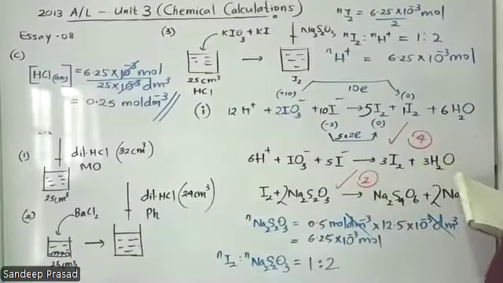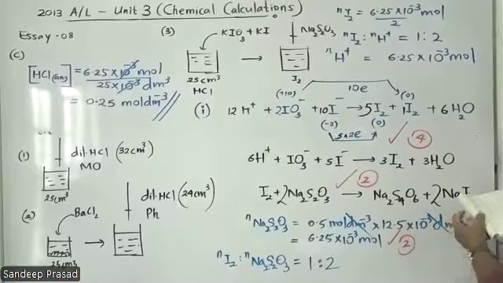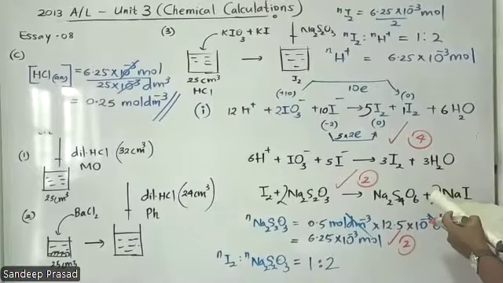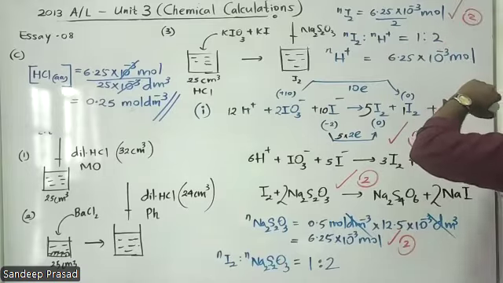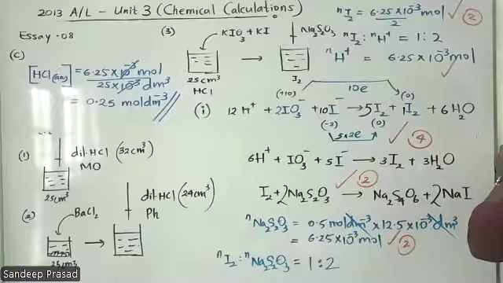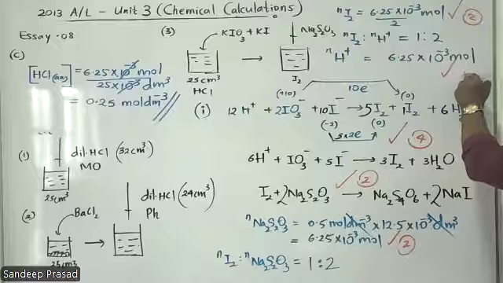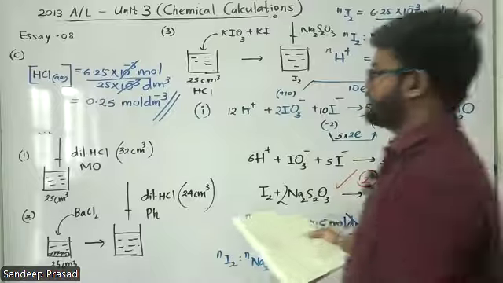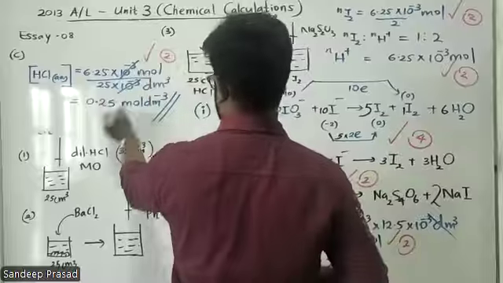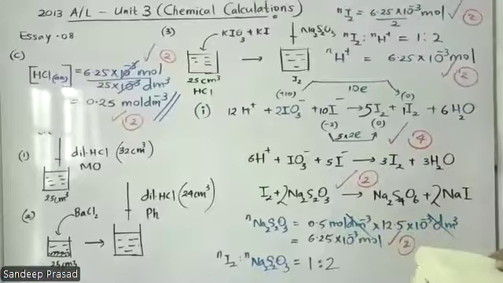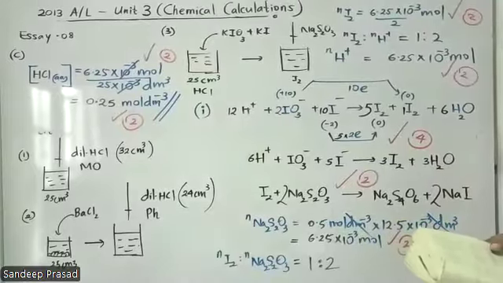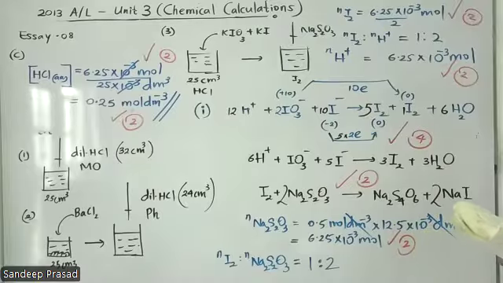For the calculation of thiosulfate moles, they have given 2 marks. For the calculation of iodine moles, they have given 2 marks. For H plus moles, they have given 2 marks. And for this substitution, they have given 2 marks. For the final answer, they have given. In that way, they have allocated the marks.